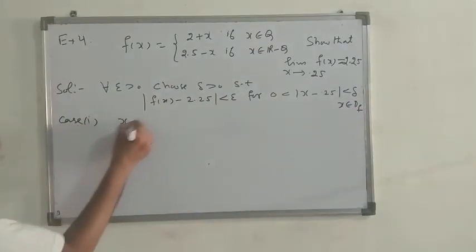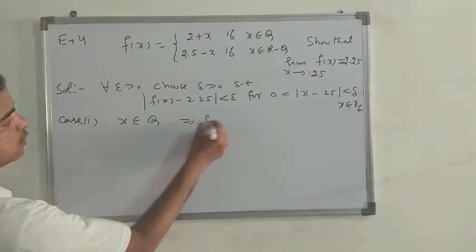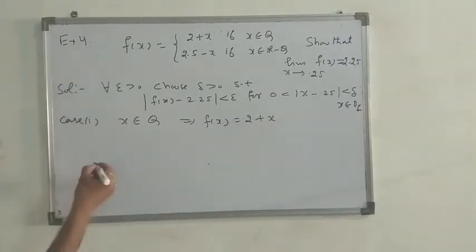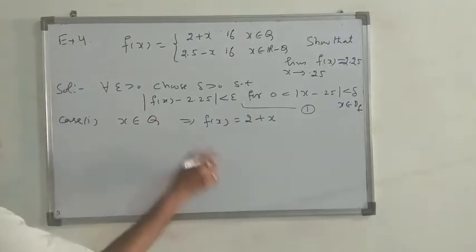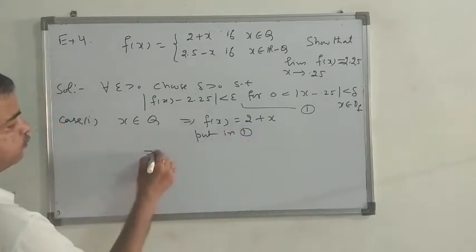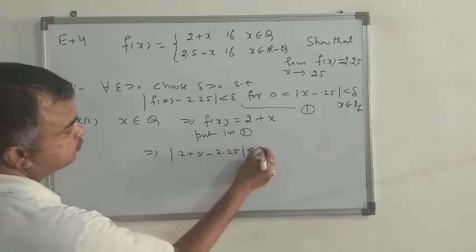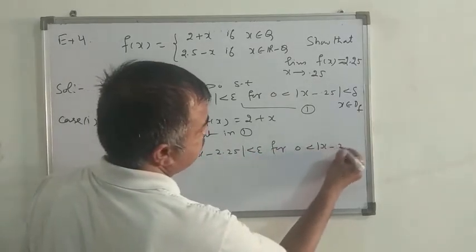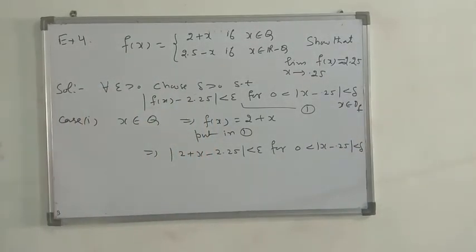Now case first, x is a rational number, so it implies f(x) equals 2 + x. I may call it equation 1. So put in 1, we get |2 + x − 2.25| for 0 < |x − 0.25| < delta.